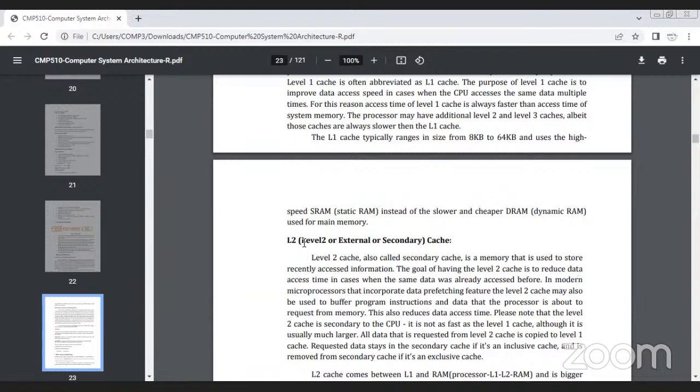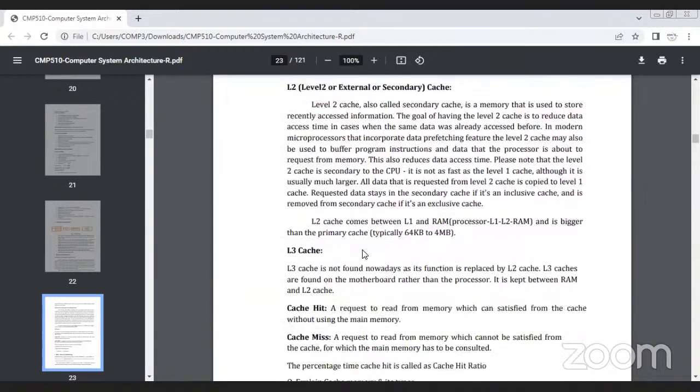Okay, so this is the level 2 or external cache. Level 3 cache is not found nowadays as its function is replaced by L2 cache. So L3 caches are found on the motherboard rather than the processor.